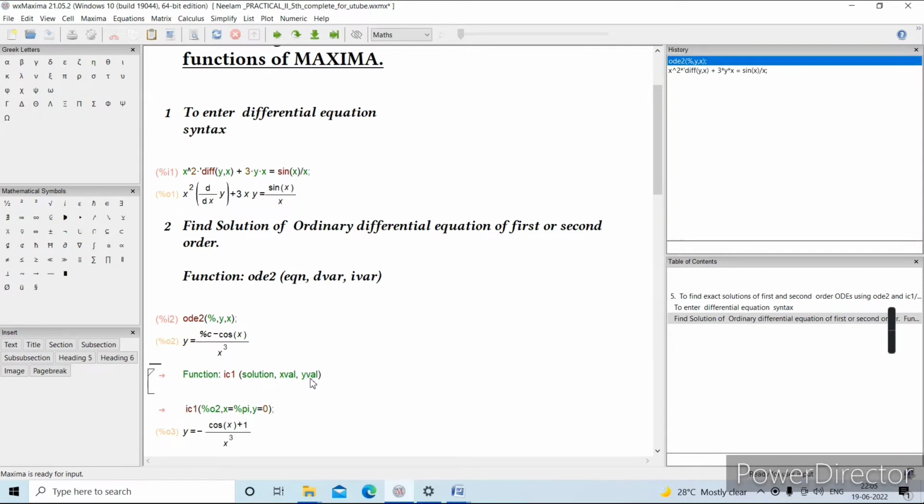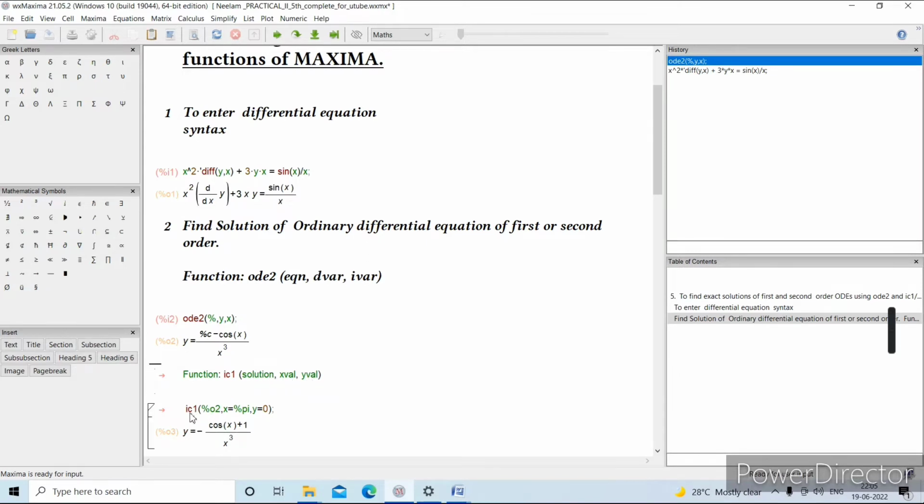Then the corresponding value, you will enter these values here. In my question, value of x is pi and corresponding value of y is 0.